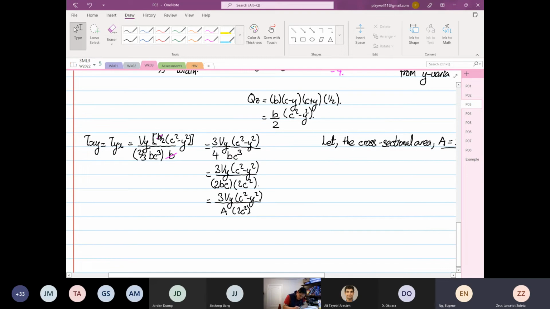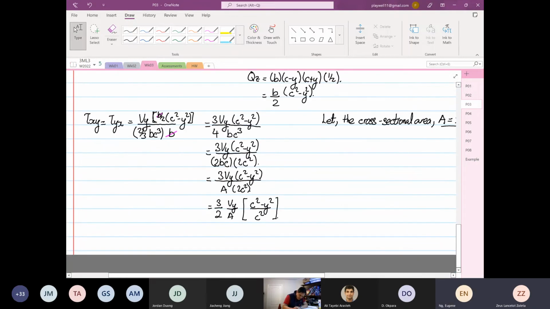Then we will have 3/2 Vy over A. I bring the C inside: C squared minus y squared over C squared. So this expression will be equal to 3/2 Vy over A, and then 1 minus y squared over C squared.